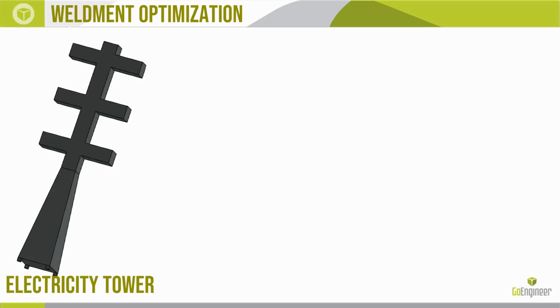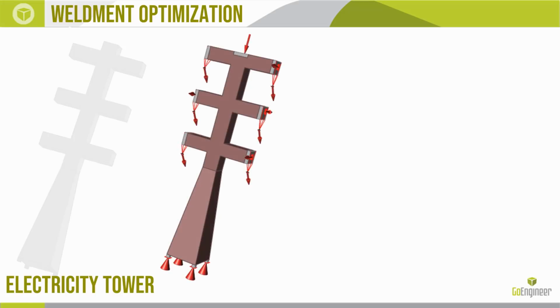So the first step is for me to completely fill in the entire space that I want my weldment structure to be in. And once I do that, I can then go to Inspire and define that region as the region that I want to optimize using lattice. And once I do that, I can specify my load.